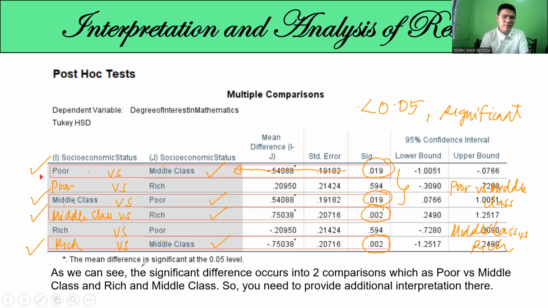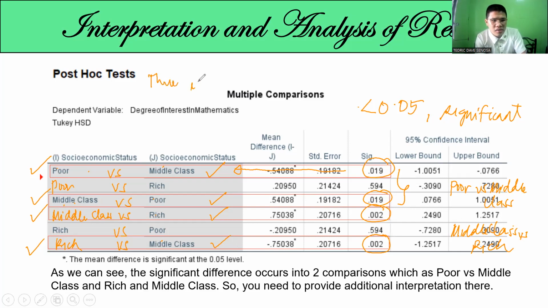So how would you interpret this one? You will interpret: there is a significant difference in the degree of interest in mathematics between poor and middle class students. Then you no longer need the F. What you need now is just the p. So I'll give you an example.